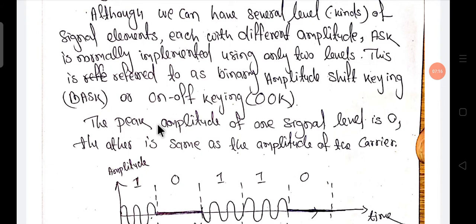The peak amplitude of one signal level is 0 and the other is the same as the amplitude of the carrier. So we use two levels of voltage for encoding: one level is 0, and the other level is the same as the amplitude of the carrier. That means the amplitude of the carrier is one level and 0 is the other level.